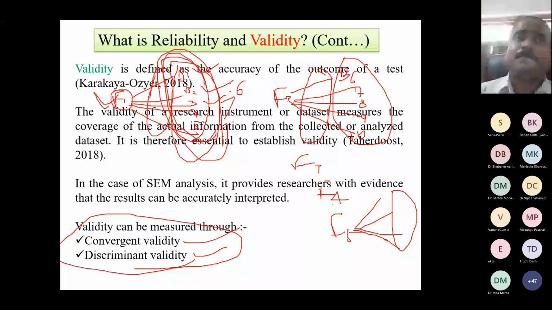Why not the BSI2 will come under F3 or F4? Maybe come under F2 or F3, but very negligibly. So that is the reason we are saying how far, how strongly, how significantly BSI1, BSI2, BSI3, BSI4, BSI5 is discriminating F1 from rest of the 4 constructs or latent variables.